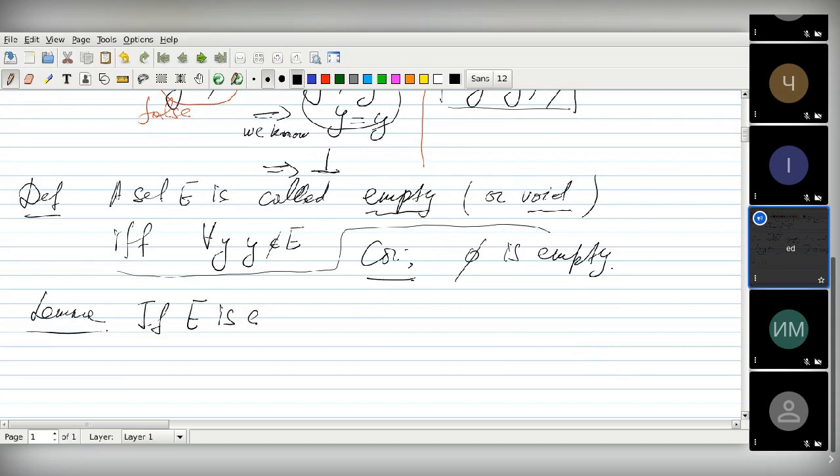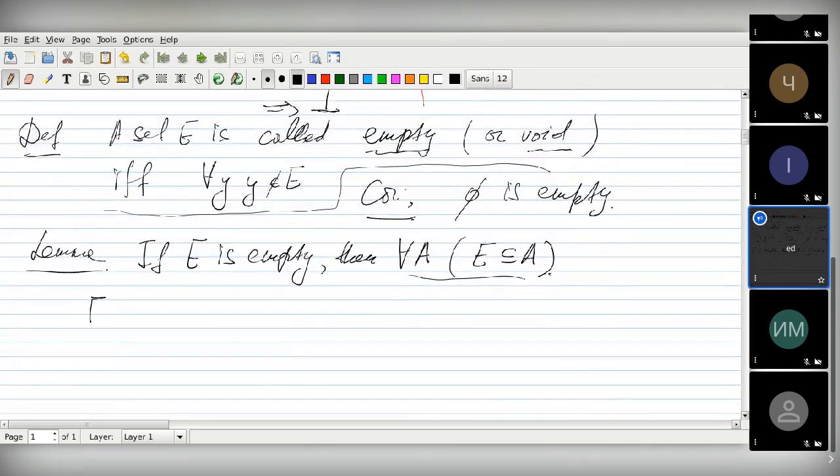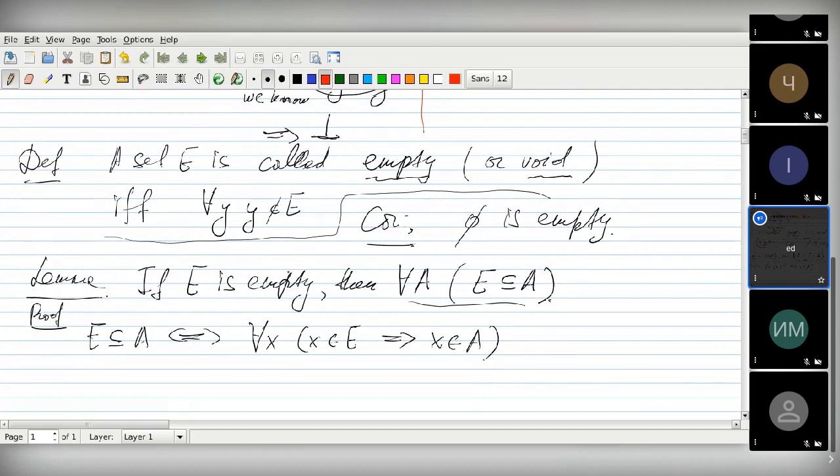If E is empty, then for every set A, E is a subset of A. That means that every element of the empty set is an element of A. Indeed, this statement by definition means that every x which is an element of E is an element of A. Here we have an implication, but also we know that E has no element, so this is false.